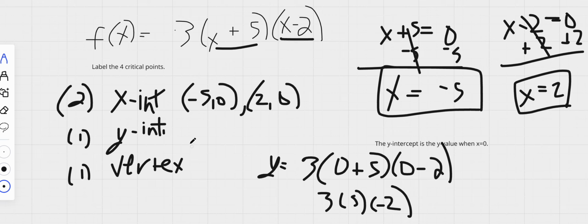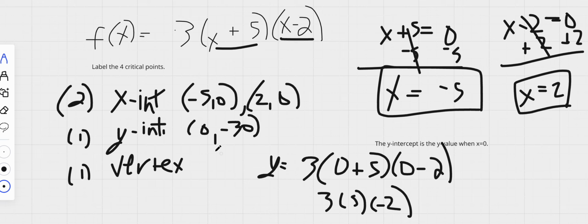It's negative 30. So it's 0, negative 30. Right? Our x is 0.